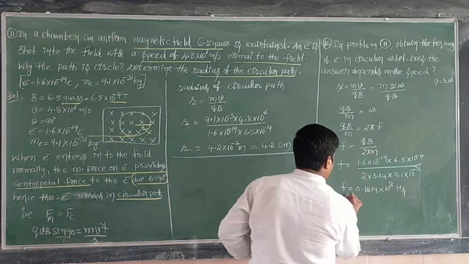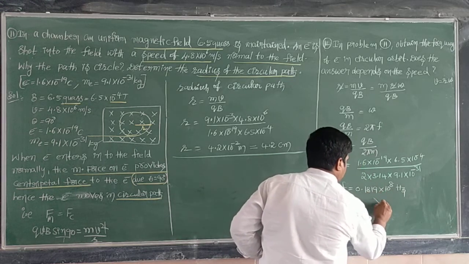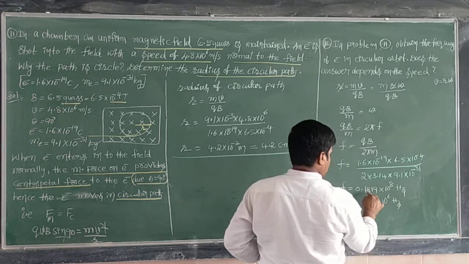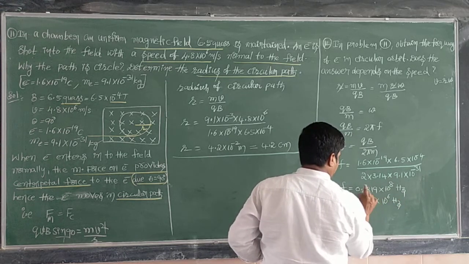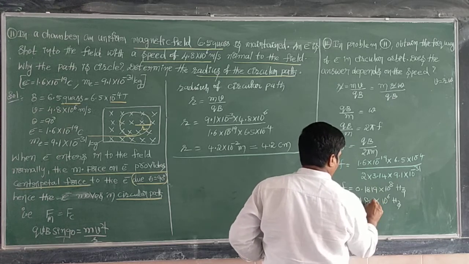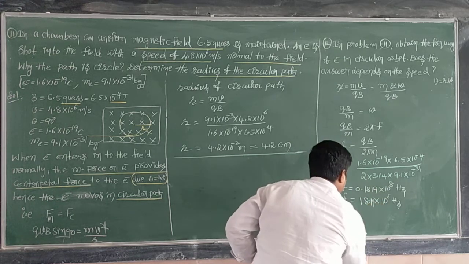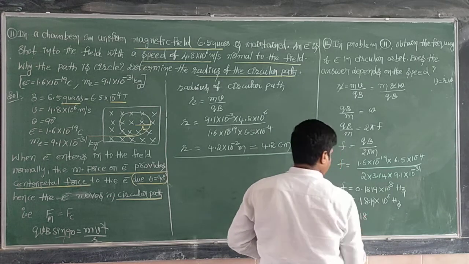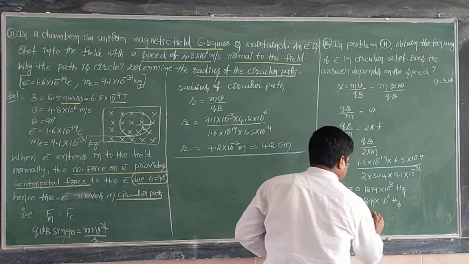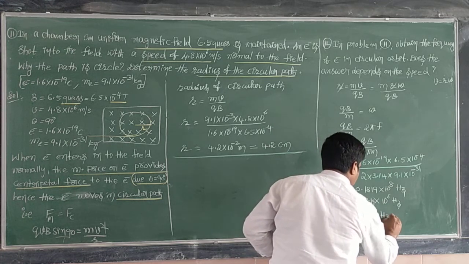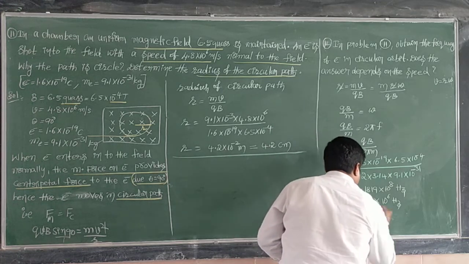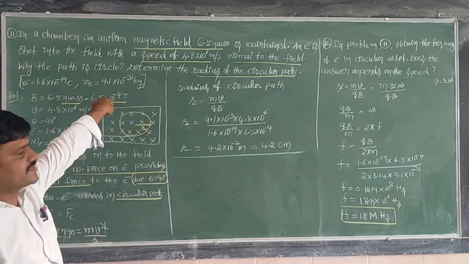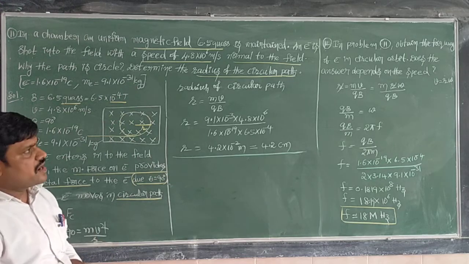If I use 10 power 6, the decimal point shifts and I get 18.19, approximately 18. Here 10 power 6 means megahertz. So in this orbit, the frequency of the electron is 18 megahertz.